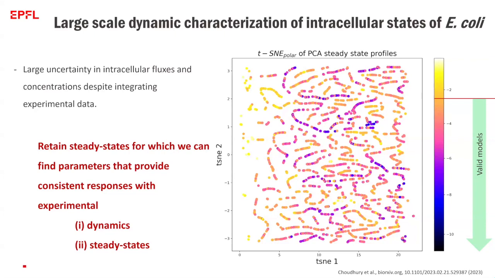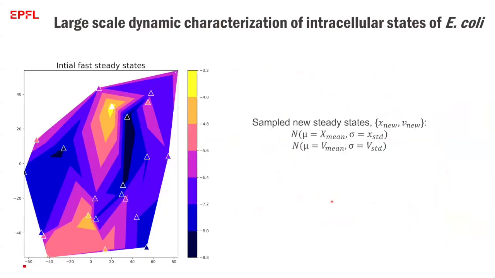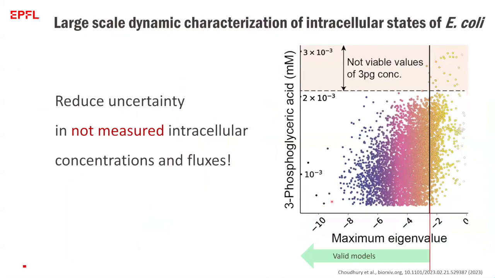And yeah, I have only 8 seconds, so I will just go a little bit fast here. Another thing that you can do is that you can not only discard certain steady states, but you can check the individual components. Based on their distribution, when you compute variability of metabolite concentrations that are not measured, in this particular case, we had a range from approximately 1 to 3 micromole, 10 to the minus 3 micromoles.